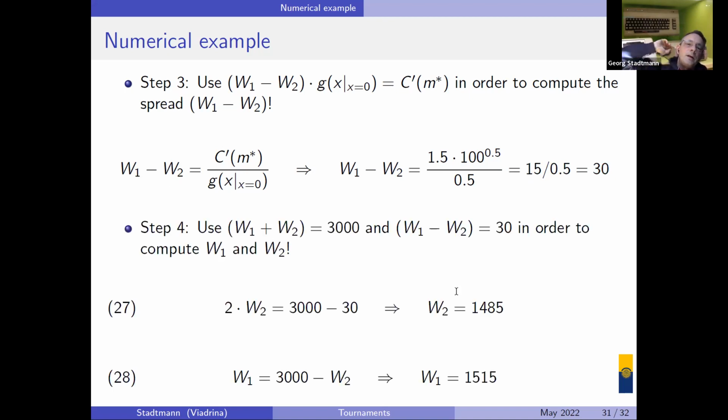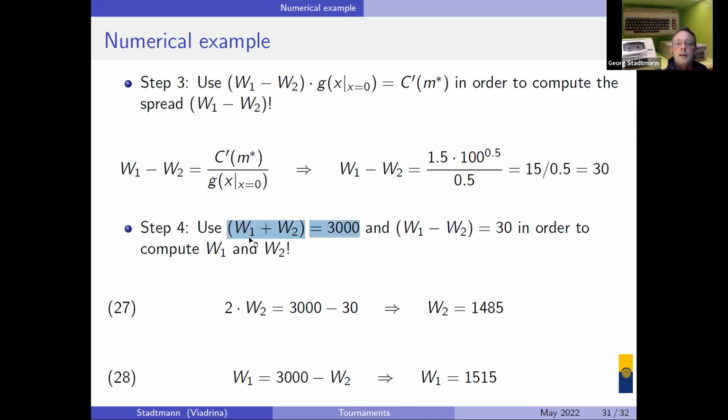Step 4. We use W1 plus W2 is equal to 3,000 and W1 minus W2 is equal to 30 in order to compute W1 and W2. So we can subtract this one from that one.